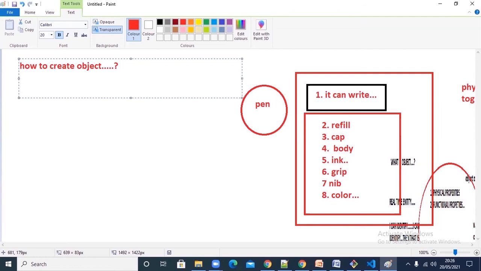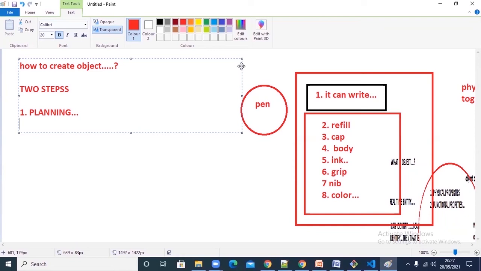While creating any object, there will be two steps. What are they? The first thing is planning. This is the most important thing. Whenever you manufacture or create anything, before that you are planning it: what all things are needed, how I need to do it, what I have to do.